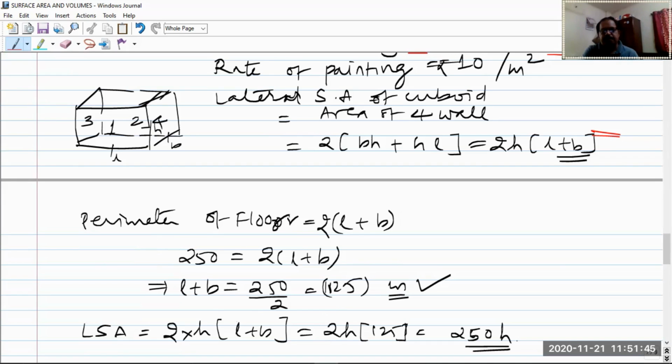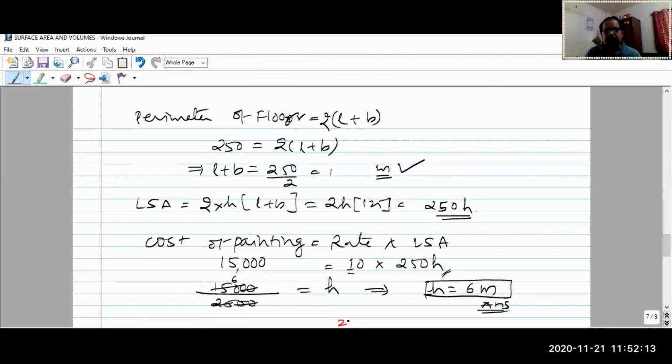Wait, I need to check. 2 1s are 2, 2 2s are 4, 2 5s are 10. It is 125 only. Okay, it is 125. We'll write here 125 meter, right?